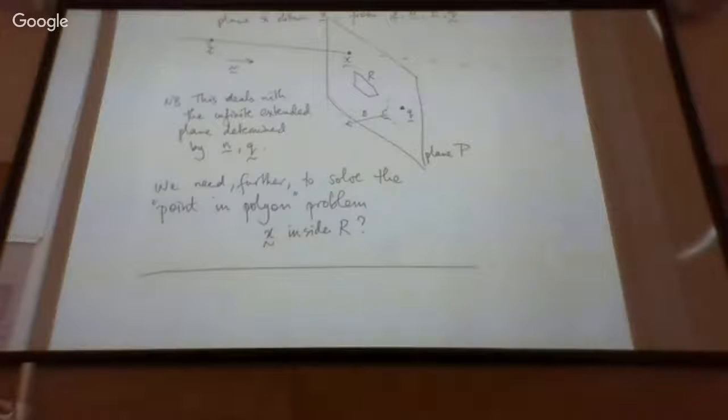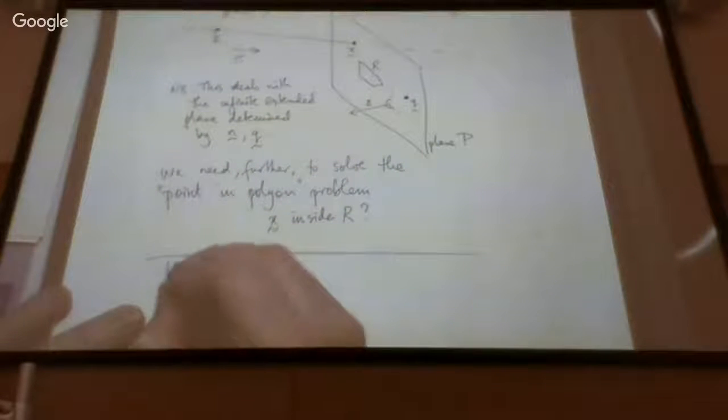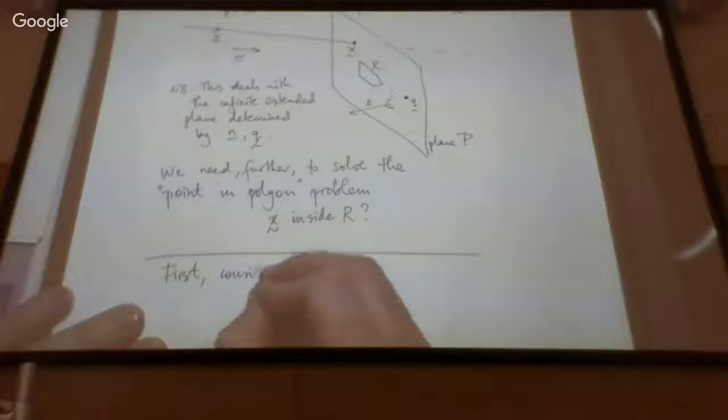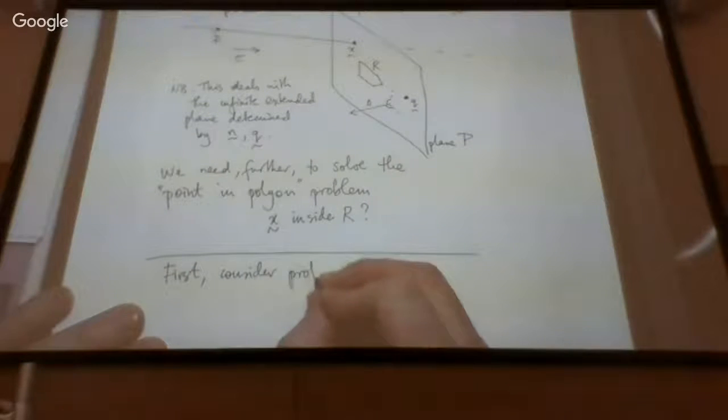And then we'll discuss how we take the slightly harder problem of a polygon or a plane in 3 dimensions and a line moving through the 3 dimensions, and reduce it to the 2-dimensional. So we'll first consider the problem in 2D.